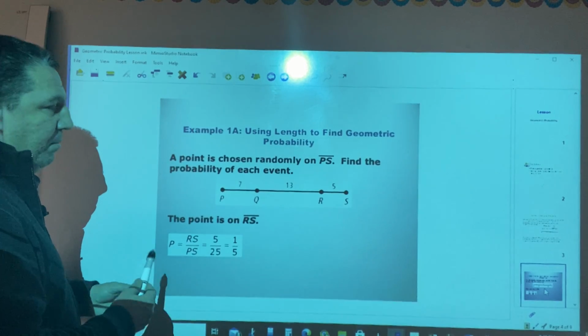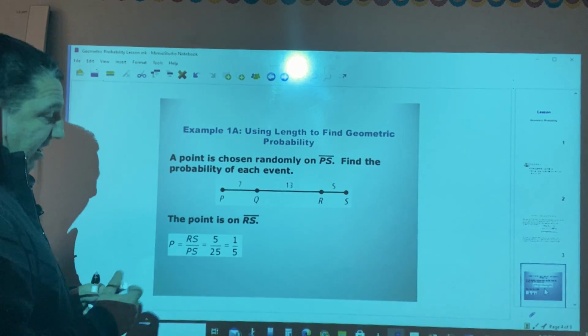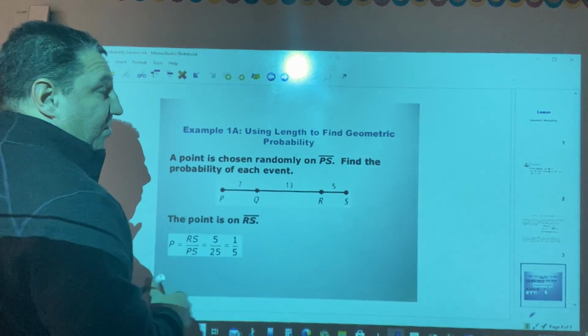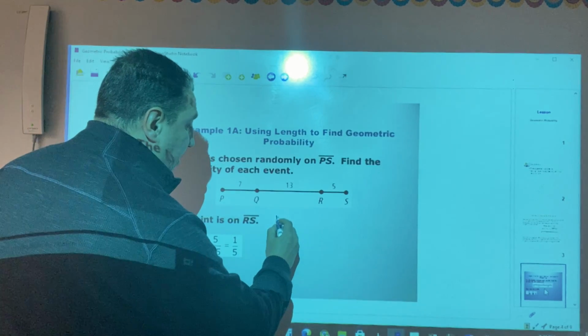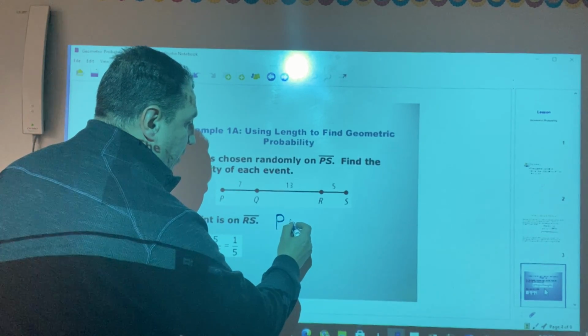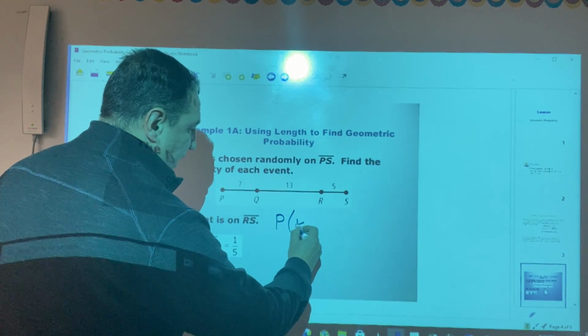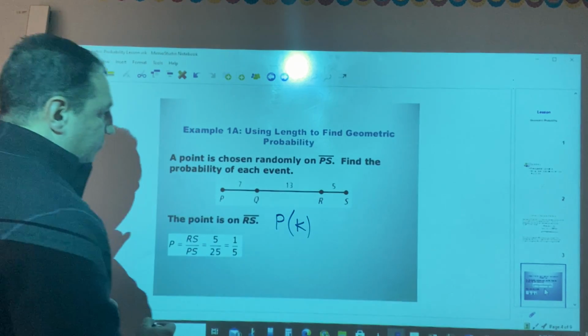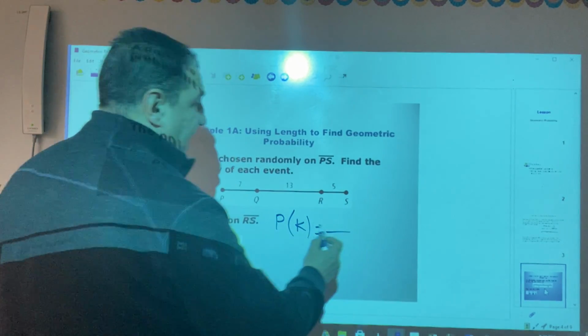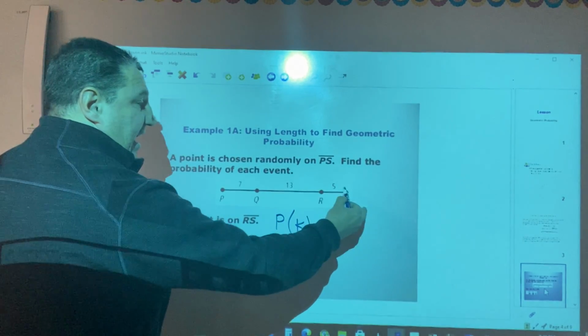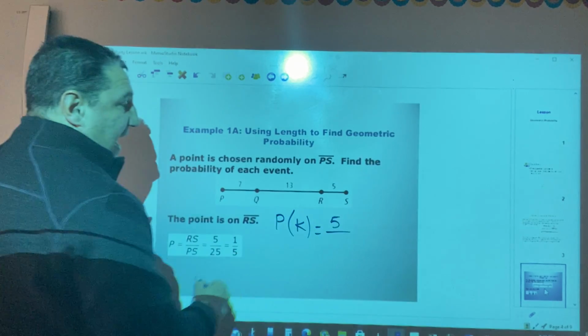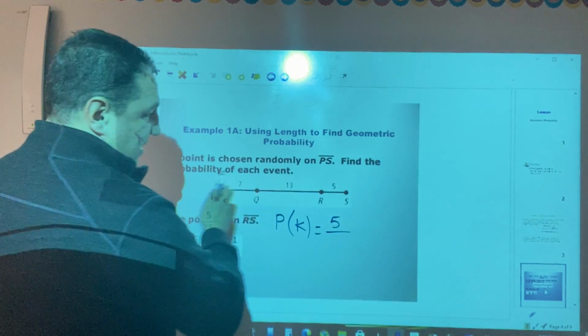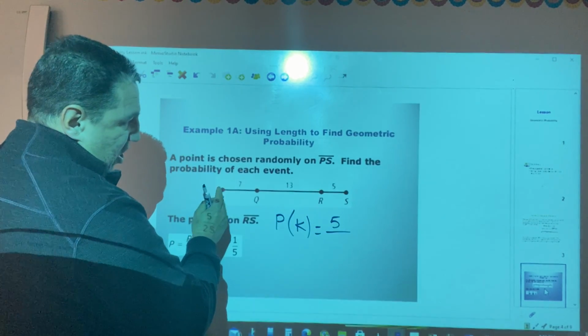So the probability of getting that point on segment RS, let's say point K, would be the length of segment RS, which is 5, over the length of segment PS.